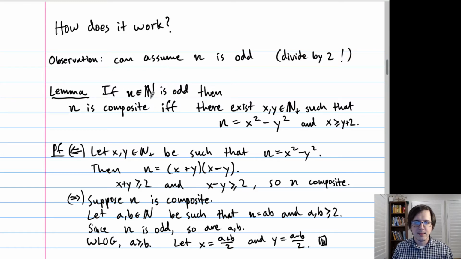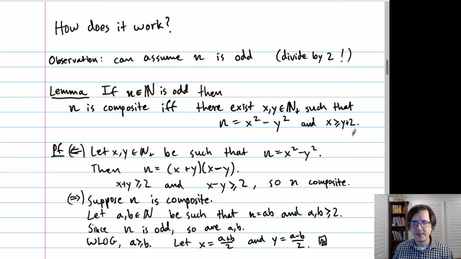So an important lemma here is that if n is odd, then n being composite is equivalent to there existing x and y solving the diophantine equation n equals x squared minus y squared, with the condition that x is greater than or equal to y plus 2.